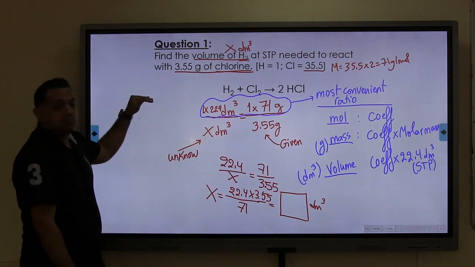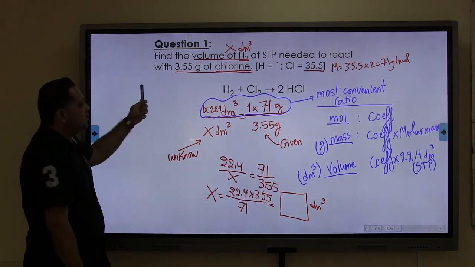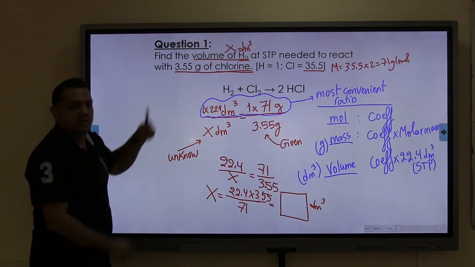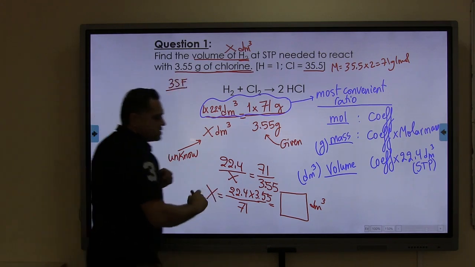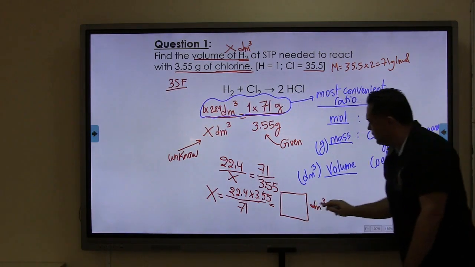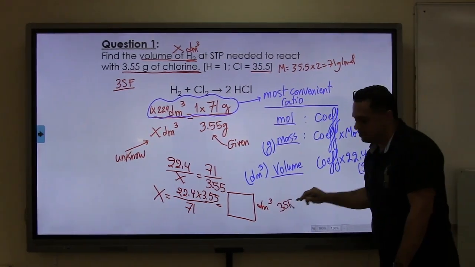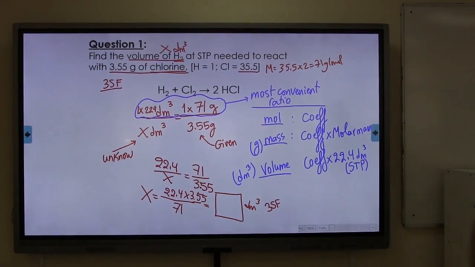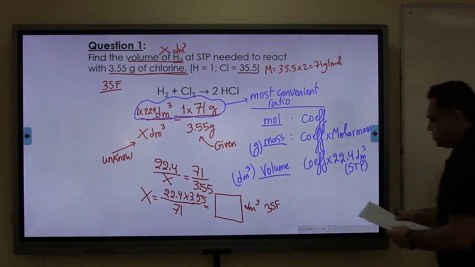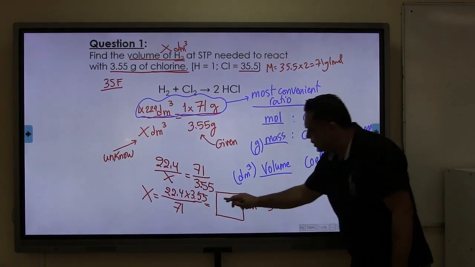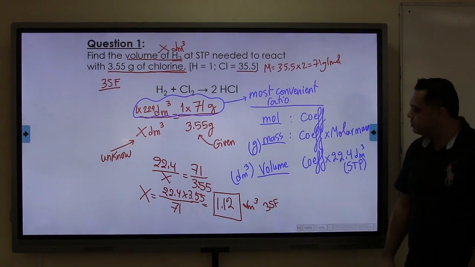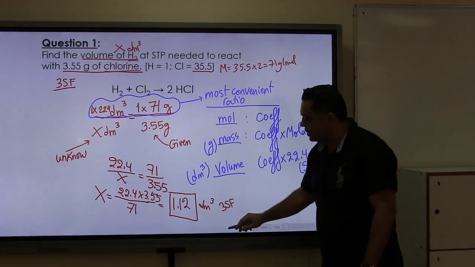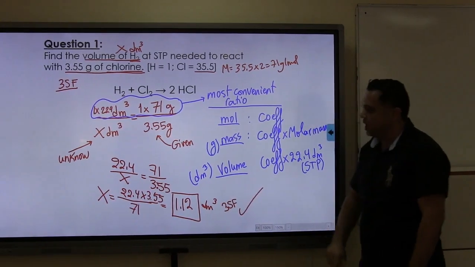I need to follow the least significant figures. Here I have 3.55, the least significant figures, so my answer should be carried to 3 significant figures. So the answer here will be 1.12. It is up to 3 significant figures and matches the given, so my answer is right.